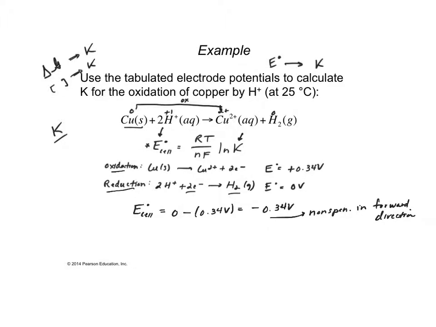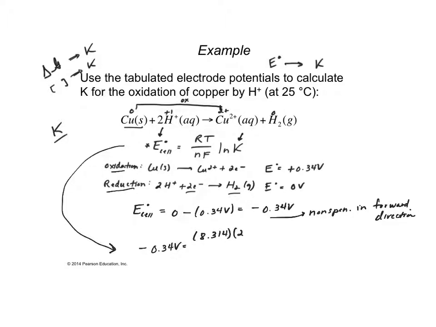Okay, all right, so now what's next? For the remainder of this, we need a couple other things. Right now we have E cell. I'm going to take this equation and plug it in. Minus 0.34 volts is equal to R, the gas constant, 8.314, times T, the temperature.